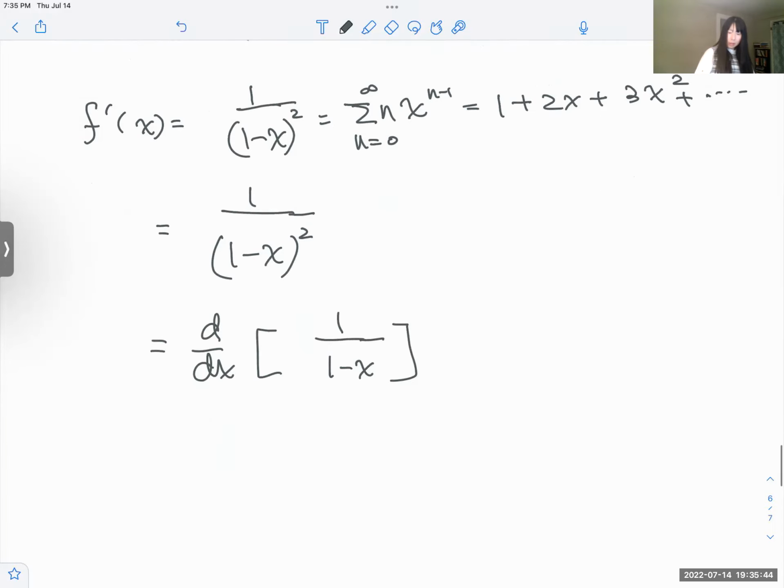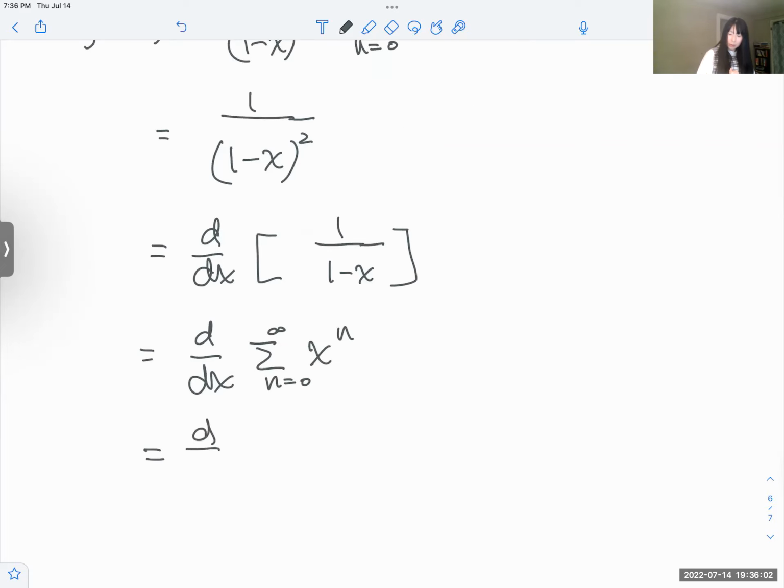Okay, then this will be the same as the sum of that series, x to the n power, where n starts at 0 to infinity.